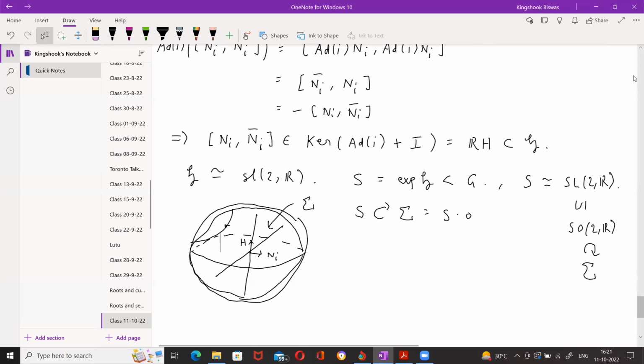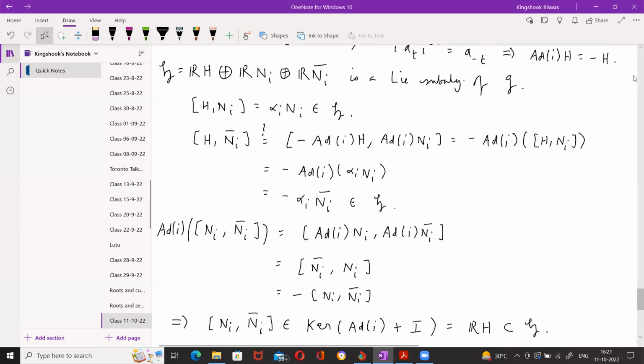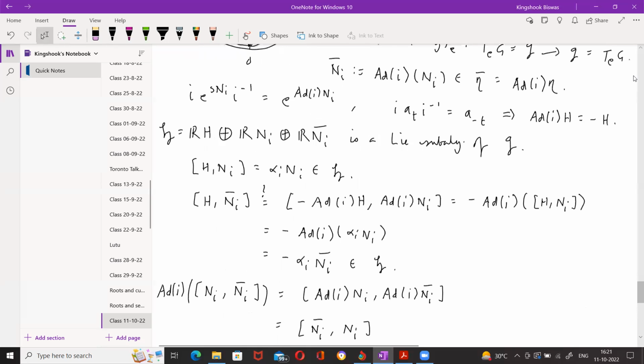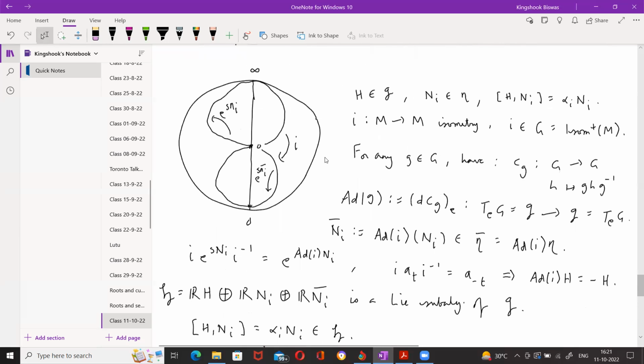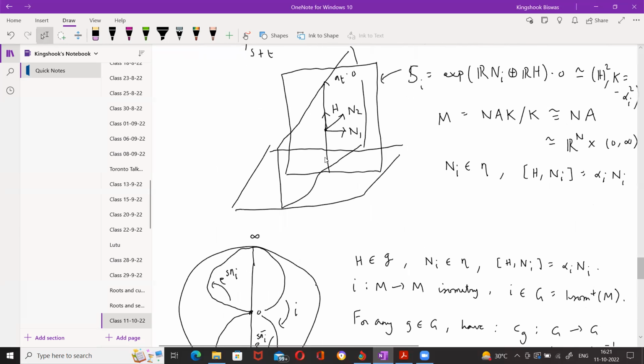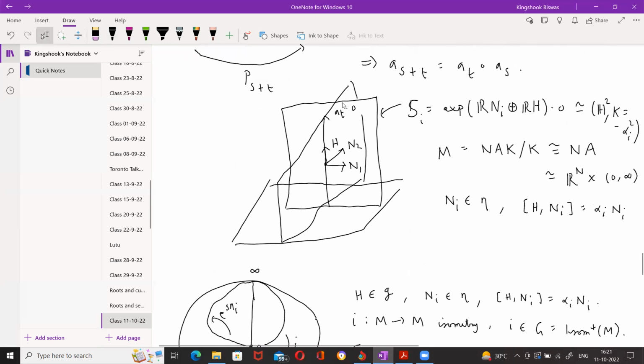So for each eigenvector Ni, I'll have a geodesically convex copy of H2 basically, except the sectional curvature will be constant, equal to minus alpha i squared. Is it clear now? So this is the full picture.